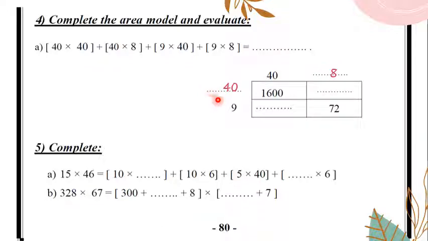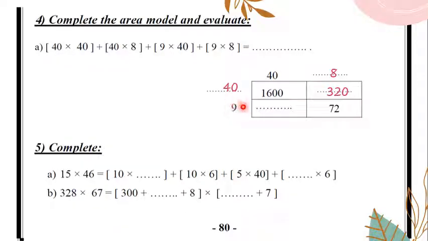Now let's multiply. He already wrote the answer. 40 times 40 equals 1,600. Then I will multiply 40 times 8 equals 320.